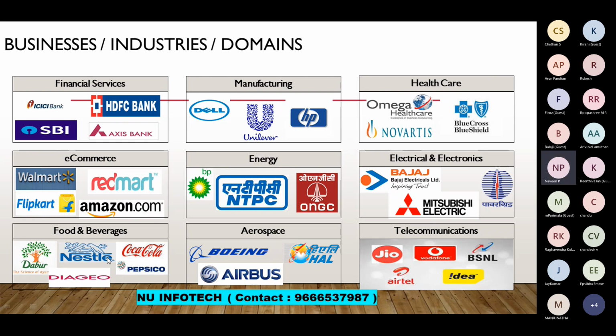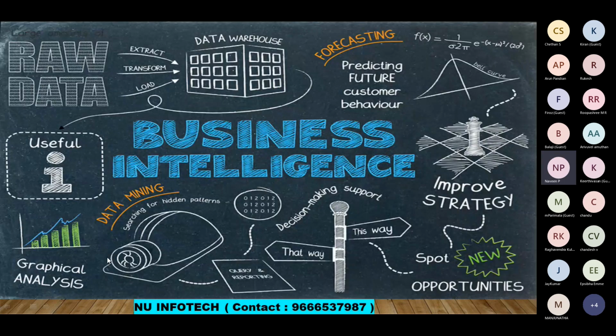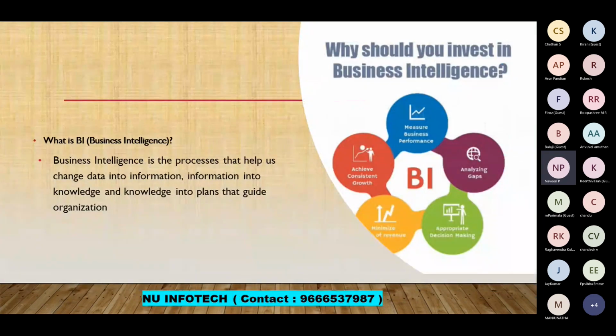It could be any data which we will be working with at the end of the day. Whatever the data is, we turn that data into information. That information can become knowledge for the business people, and using that knowledge they will plan to improve, turning the knowledge into plans that guide organizations.